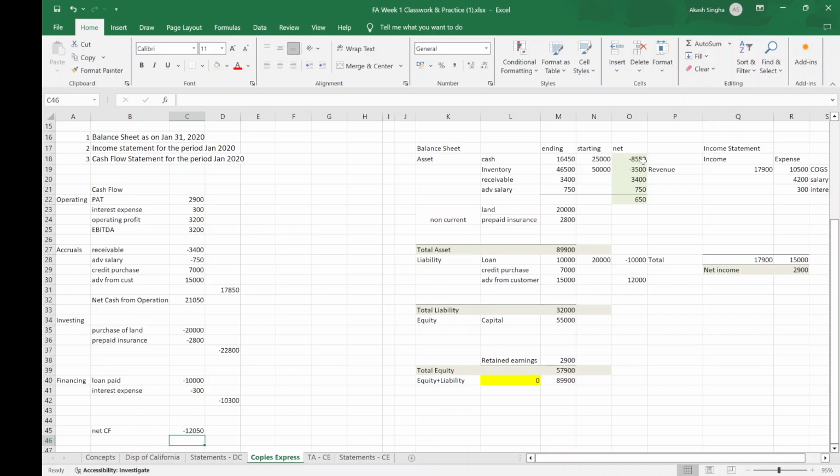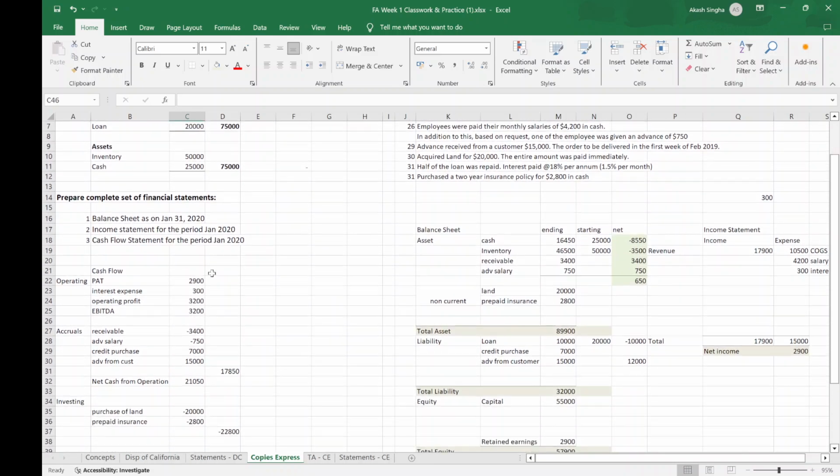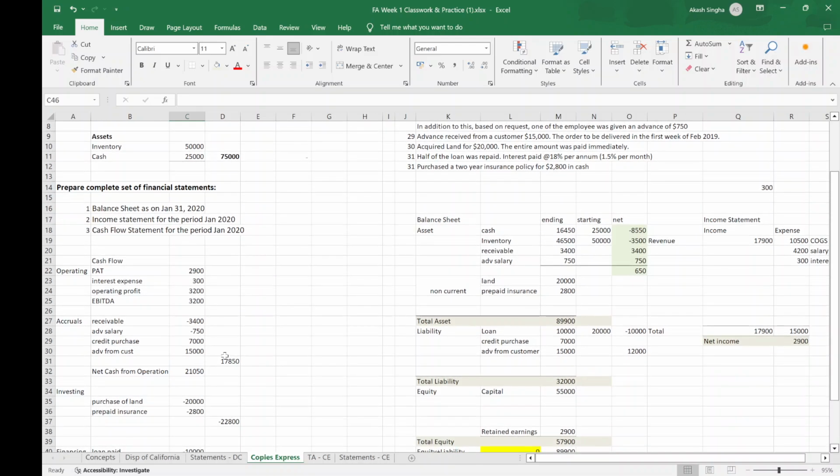Okay, so this is, I think, correct. This is also correct. So I think the impact of accruals, 34,000, 750 is also given, 7,000 credit purchase, 15,000. Okay, I'm not sure.